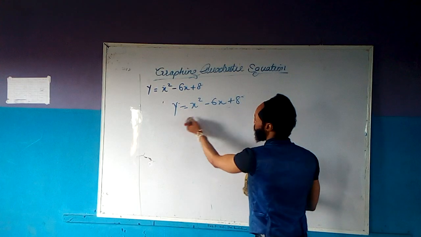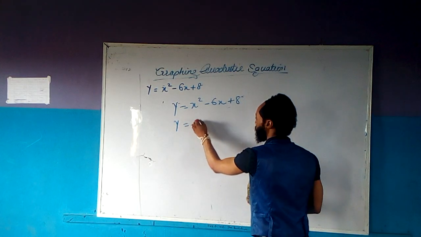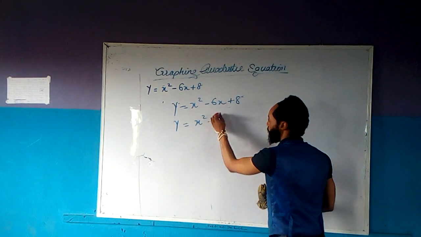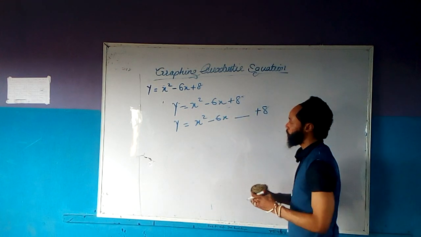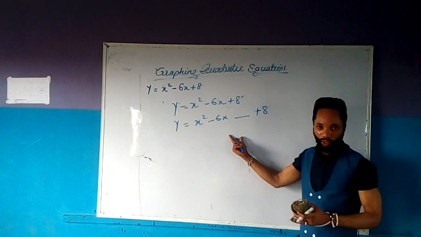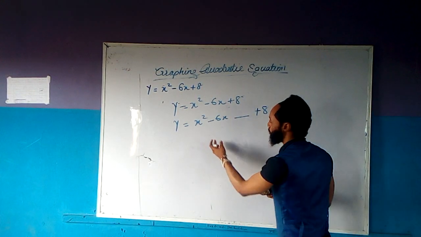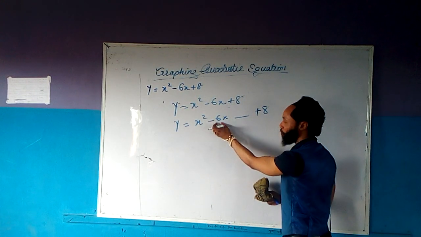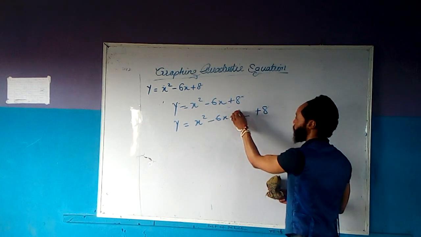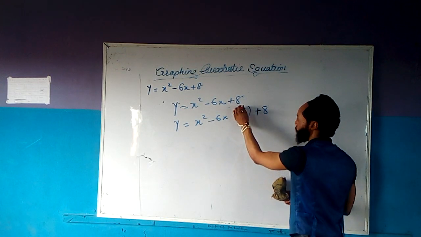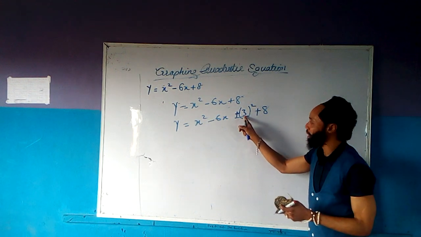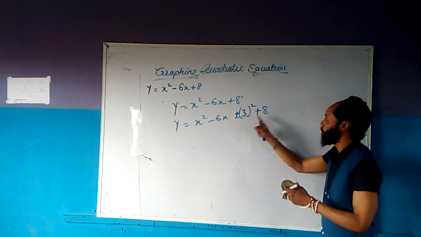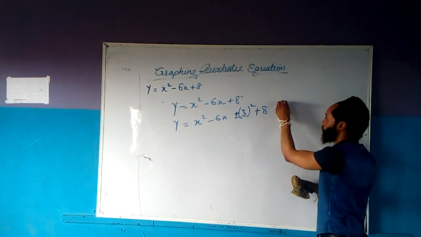Keep a space after the minus 6x, and add your positive 8, just like when completing the square. Then, what is half of this value? 3. You add its square for completing the square. So we added 9, and we're going to subtract 9 as well.